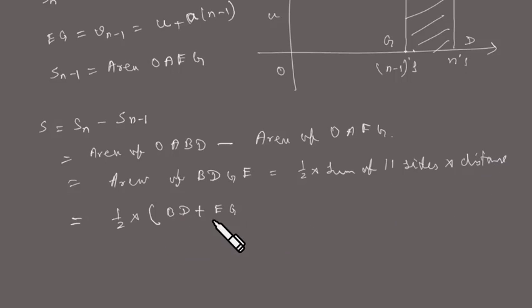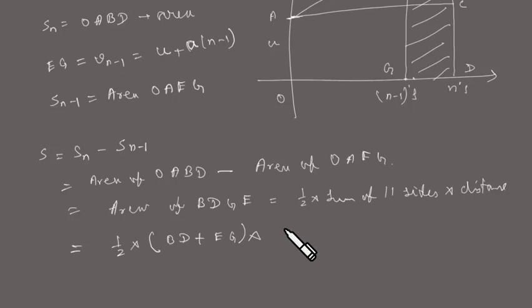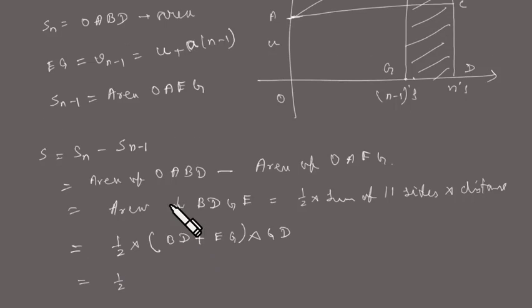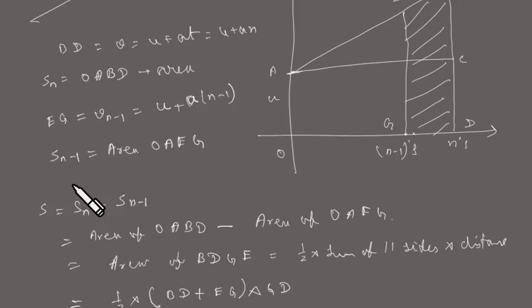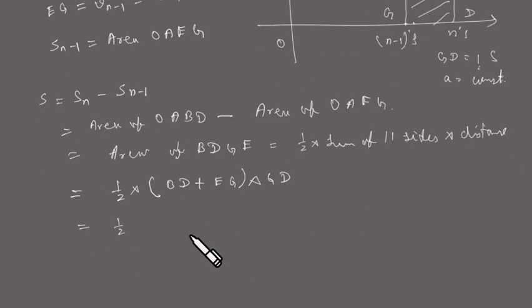Here the parallel sides are BD plus EG, and the distance between them is GD. GD equals 1 second, of course, A equals constant. GD is 1 second. Why? Because D is n second, G is n minus 1 second. If you subtract them, there is only 1 second, that's the nth second.